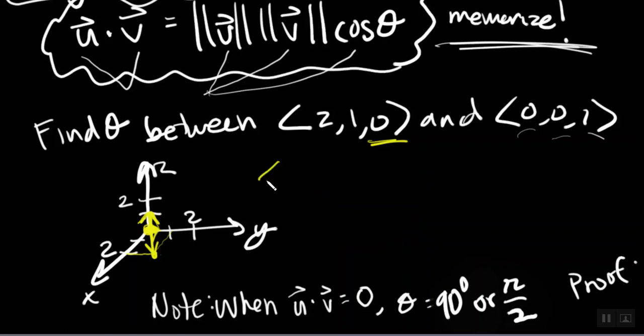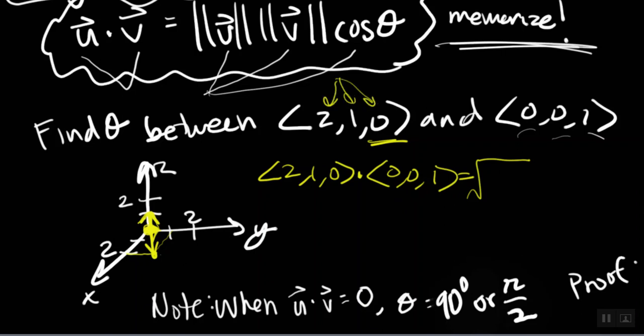What you'll do is take 2, 1, 0, dot product with 0, 0, 1, and this is equal to the norm of the first vector. Now let's do some mental math here. How do we find the norm? It's the square root of this squared plus this squared plus this squared. So 2 squared is 4, plus 1 squared, that's 5, because 4 plus 1 is 5, and of course 0 squared is 0.